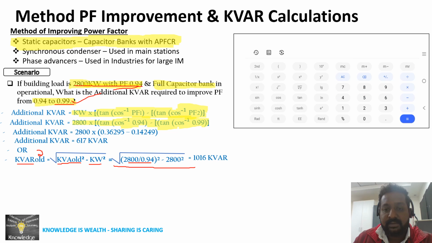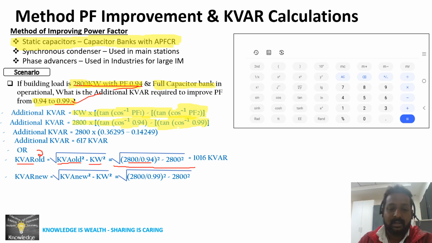Next is kVAR new. What is the kVAR needed to improve the power factor from 0.94 to 0.99? Let's calculate.